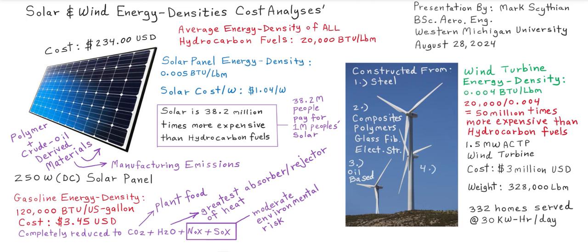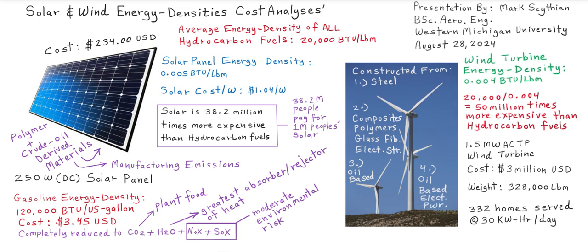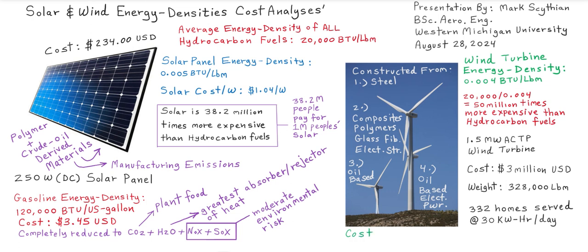So we do have a substantial amount of resources to build a wind turbine other than crude oil. And then, of course, there is oil-based electrical power needed to build the wind turbine. So that comes down to a cost per watt with the wind at $2 per watt.